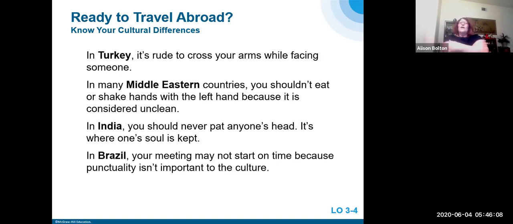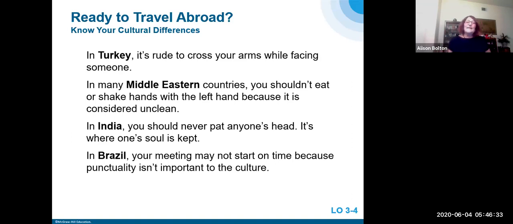So you don't want to cross your arms while facing someone. In Turkey, it's very rude to do, but it also makes somebody think you're being angry with them. Don't do that. Keep your arms down. Don't put them in your pockets. In the Middle Eastern countries, you don't eat or shake hands with the left hand. It is considered unclean.